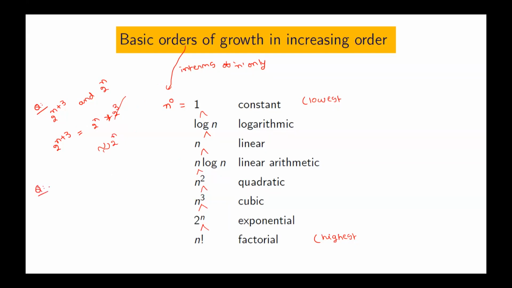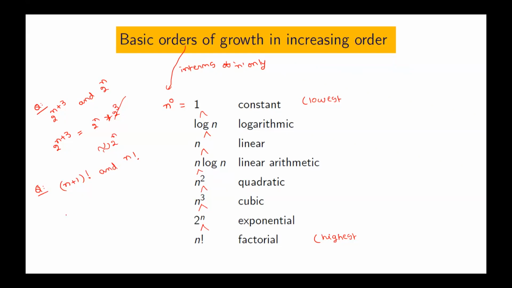Similarly, n plus 1 factorial and n factorial. Can we say that both have the same order of growth? Suppose here let us assume 3 plus 1 factorial is 4 factorial. No, sir.